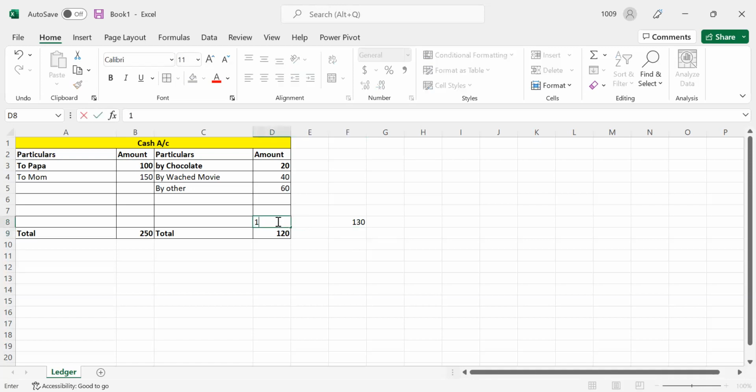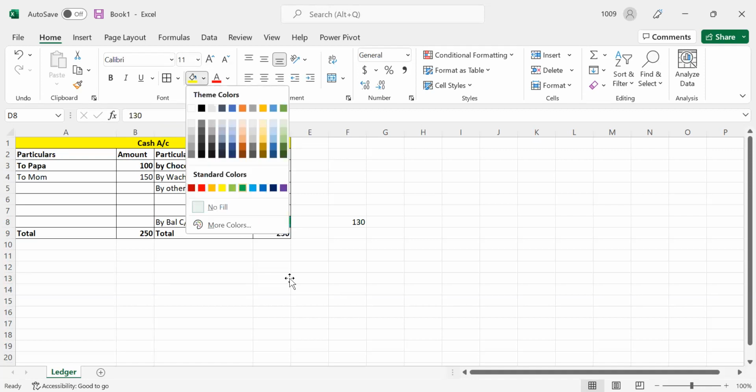I need to write 130 here as Balance carried forward, and I'm filling it with green color.